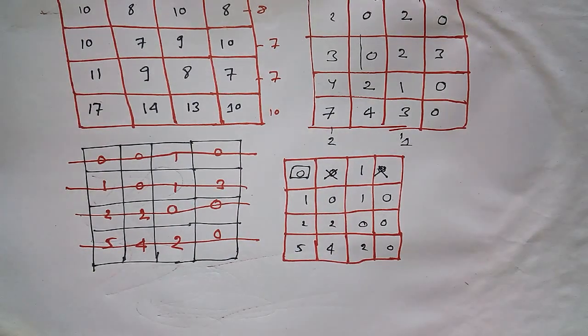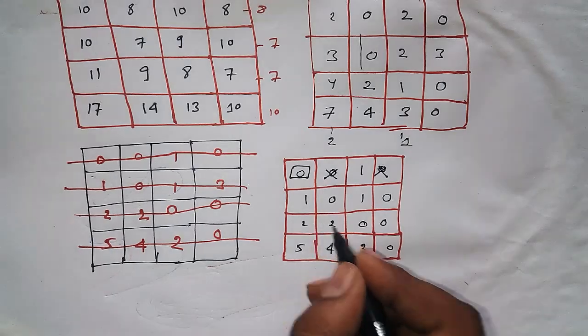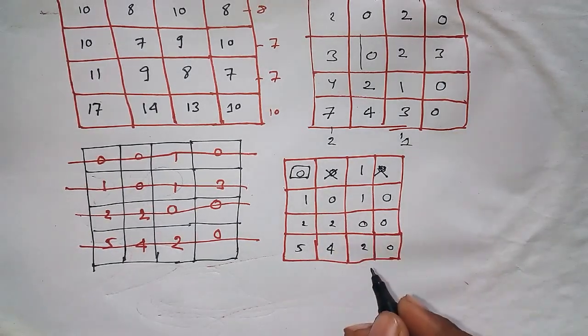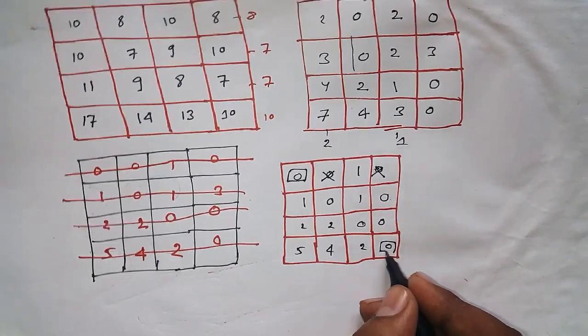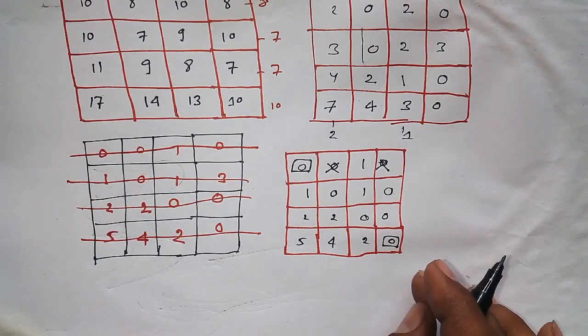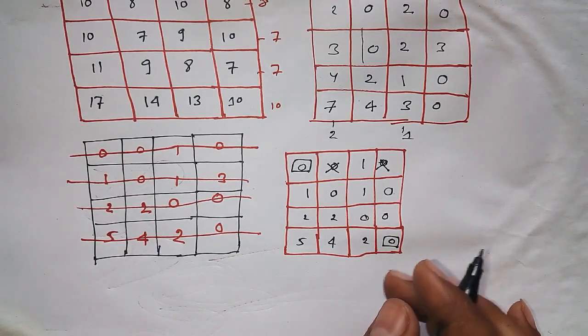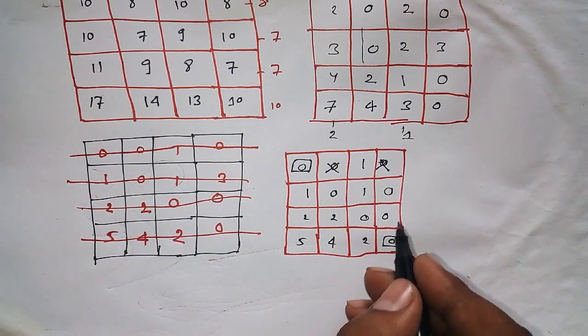Now again find at least 1 zero in one row or column. Then we can see easily here we have 1 zero, here we have 1 zero. You can put a zero inside the rectangle with any one, this one or that one also.